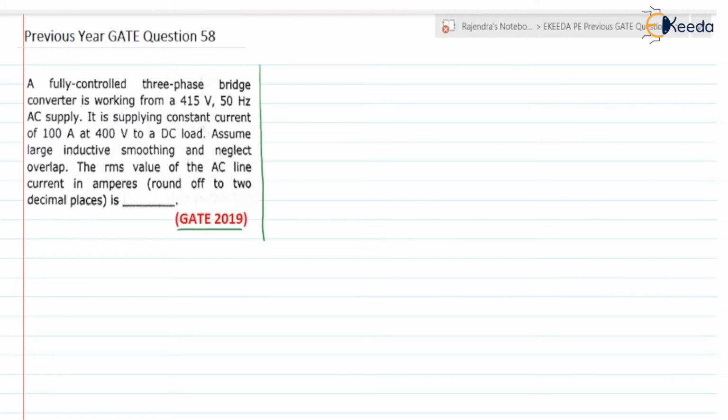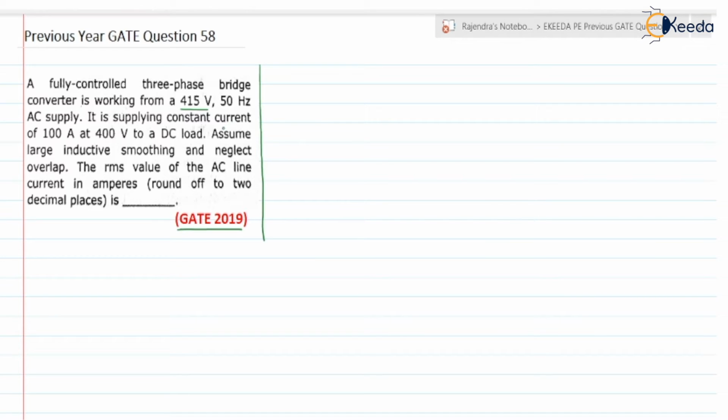A fully controlled three-phase bridge converter is working from a 415 volt 50 hertz AC supply. Okay, so it is given that we are having a three-phase fully controlled bridge rectifier. Line voltage RMS value is 415 volt, supply frequency is 50 Hz. It is supplying constant current of 100 ampere.